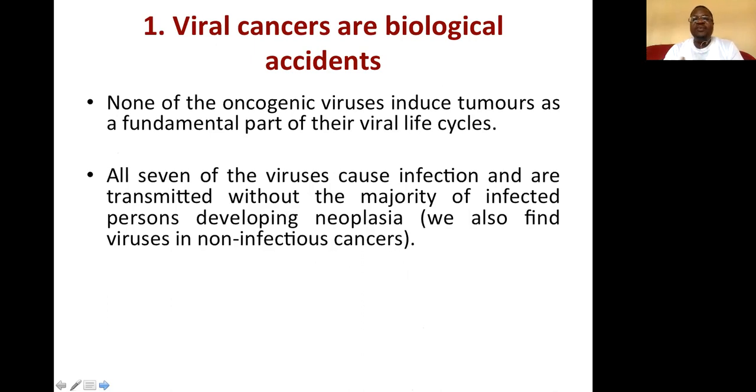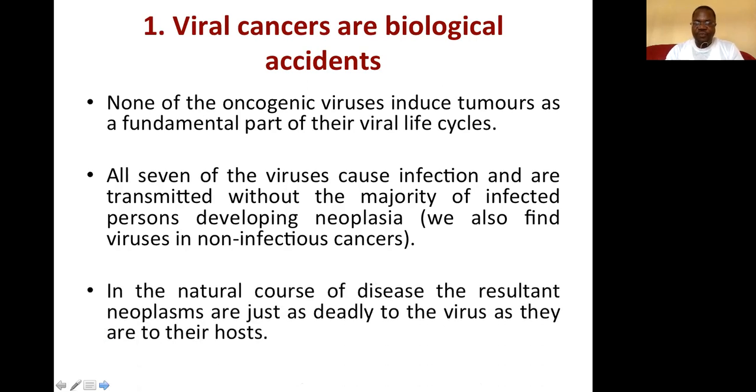Then all 7 of these viruses first cause an infection, and they are transmitted, but the majority of infected persons do not develop neoplasia. So although they cause infection in people, not all people infected by those oncogenic viruses develop cancer. You can find other people with the presence of those viruses without developing cancer.